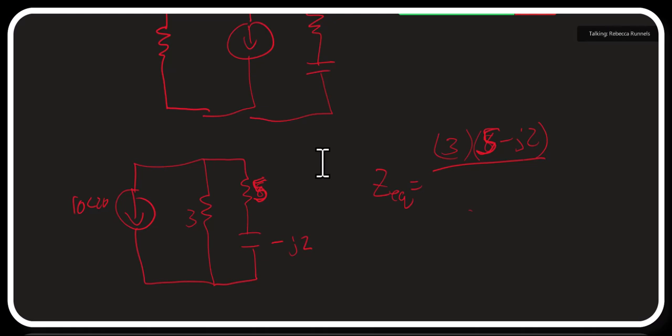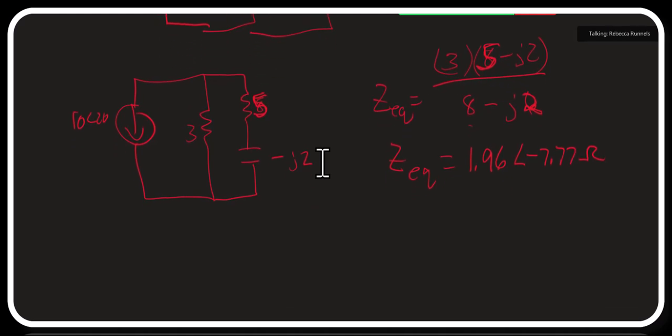No mistakes. I know, I already made a mistake, so this is not acceptable. 8 minus j6, so j2, j2. And then when we do this, we got Z equivalent as a phasor was 1.96 angle negative 7.77 ohms.